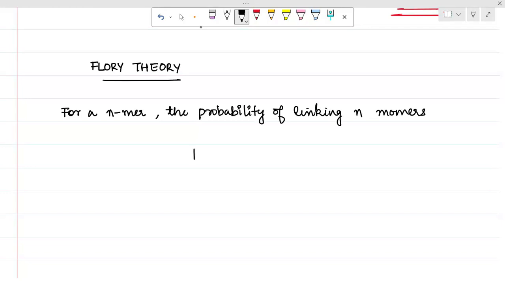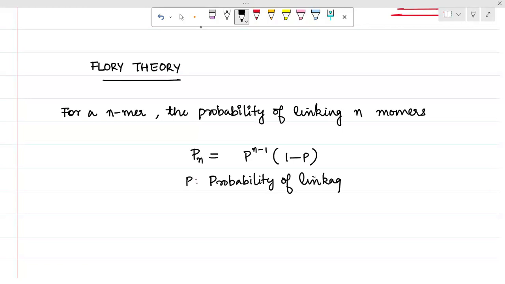So probability again is P, and linking n monomers is P to the power n minus 1 into 1 minus P, where just P is the probability of linkage. What is the probability of linkage?